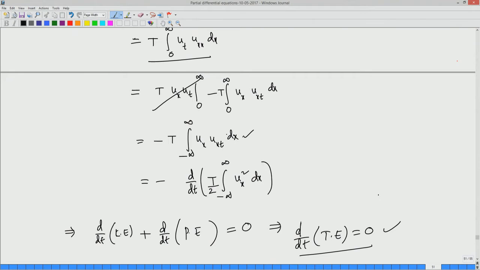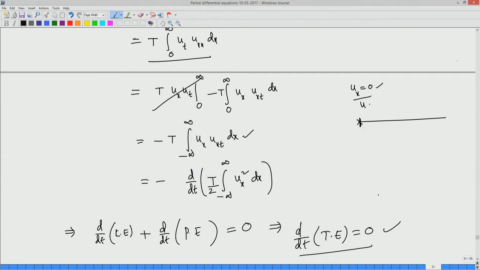What you see is that u_x at infinity is 0, because displacement or slope has to be 0 at infinity. But at 0, if your boundary condition is u_x is 0, then for the semi-infinite domain it is anyway 0, there is no issue even at x equal to 0.